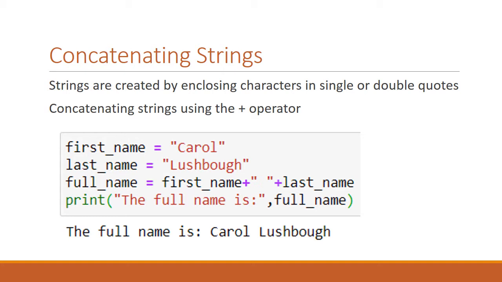Then we use the plus operator again to concatenate last name. So basically we're concatenating first name plus a blank plus last name. And this value is assigned to the variable full name. So when we print out the full name is, we have Carol Lushbow.